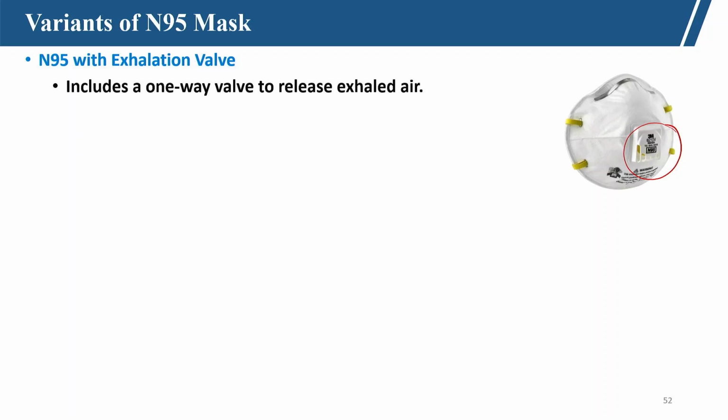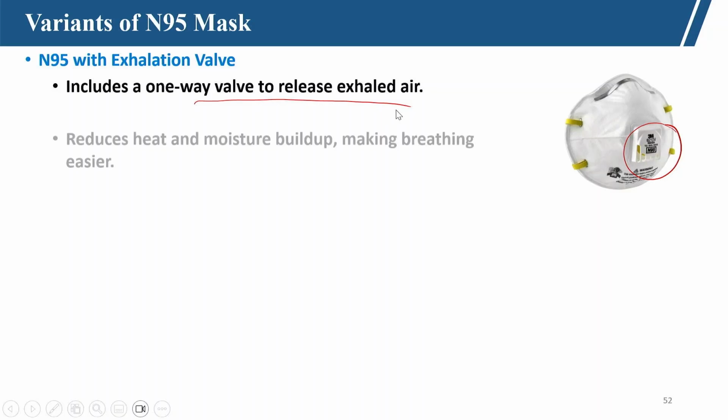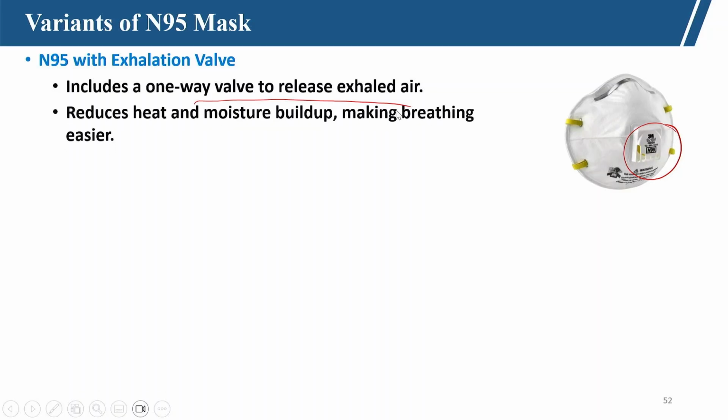Then there is the N95 with exhalation valve, which we have discussed. It includes a one way valve to release the exhaled air, it reduces heat and moisture build up, making breathing easier.